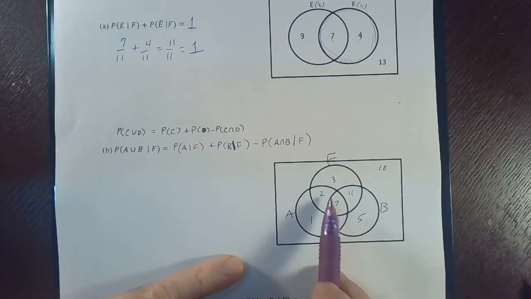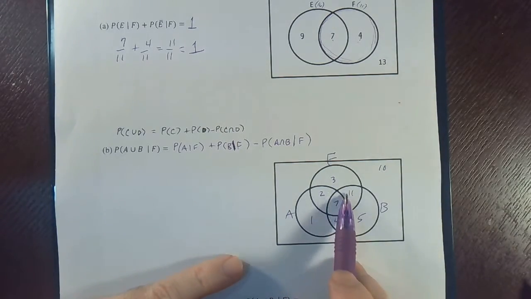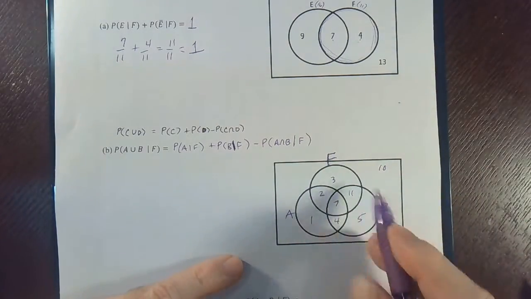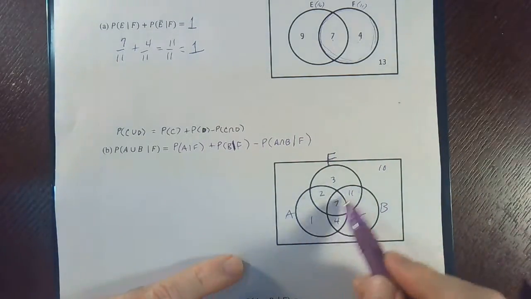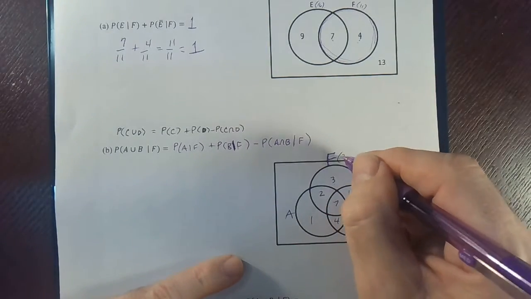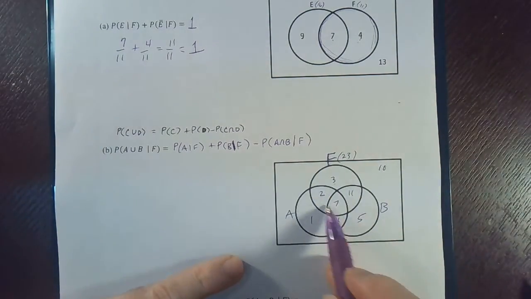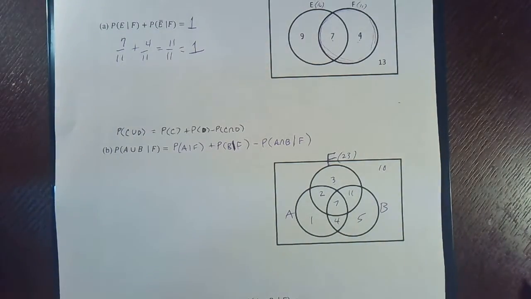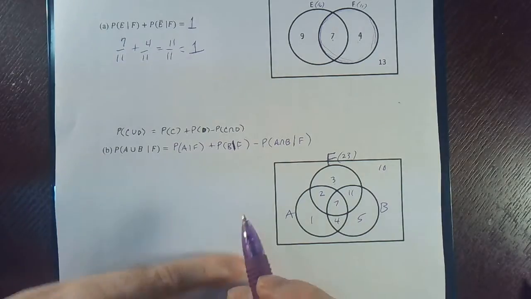So what I like to do is do my little cheat sheet here. That's the set F. How many are in F? 2 and 3 is 5, 16, 23. So in the F circle is 23. I probably don't need the B and the A circle, so I won't worry about those. We'll see if I need them.